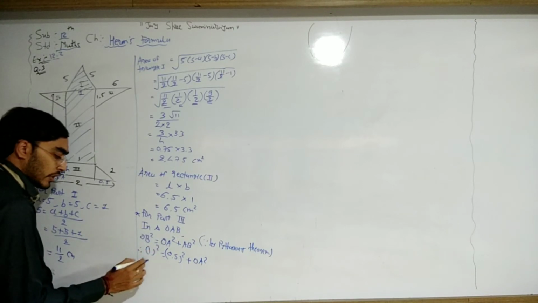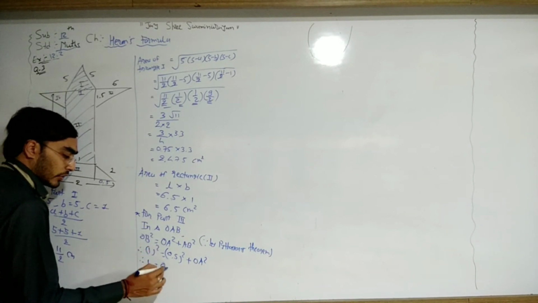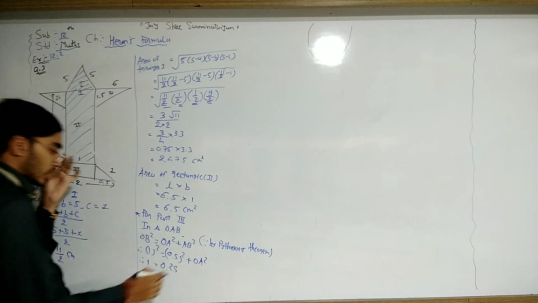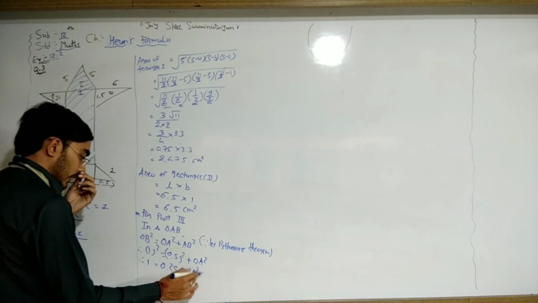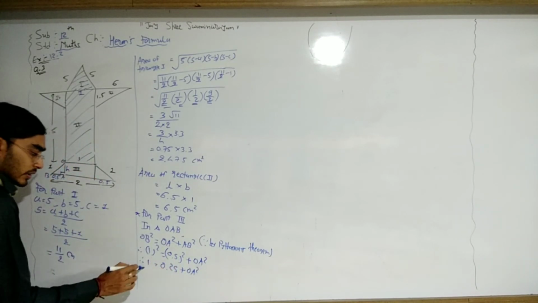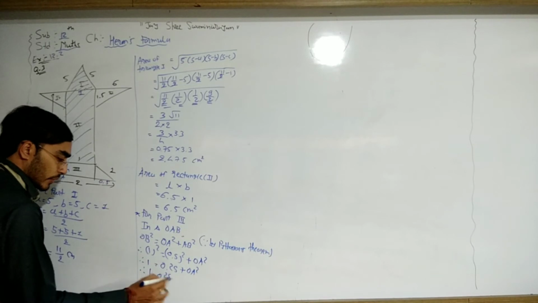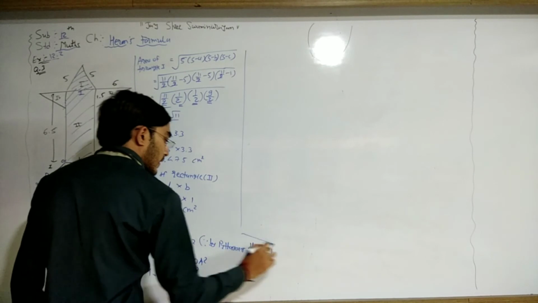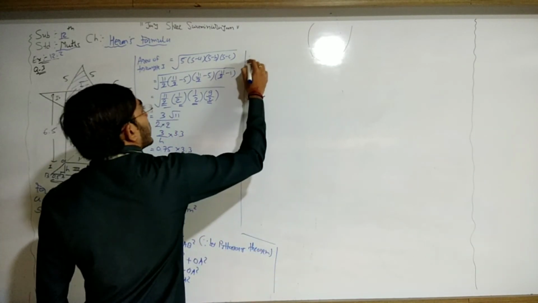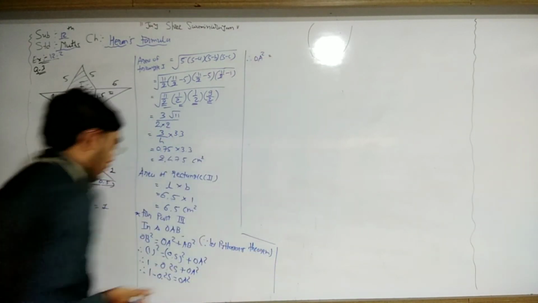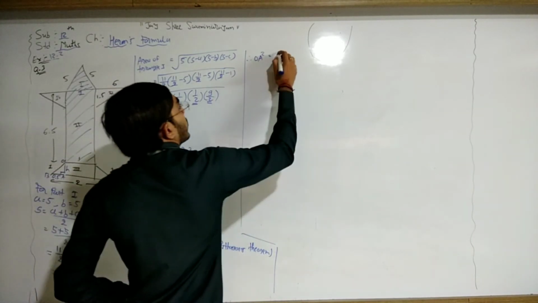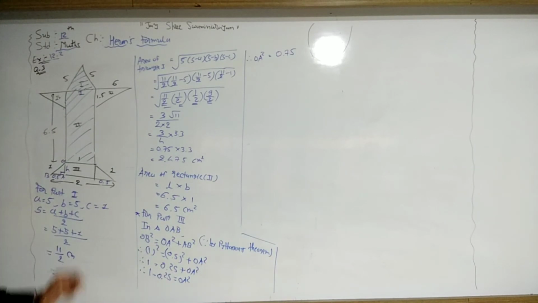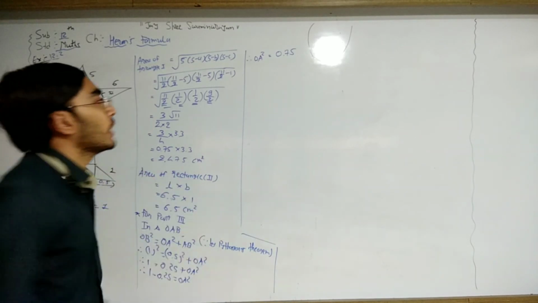Now 1 square is 1, 0.5 square is 0.25, plus OA square. Transfer this number here, so 1 minus 0.25 is equal to OA square. 1 minus 0.25 is 0.75.